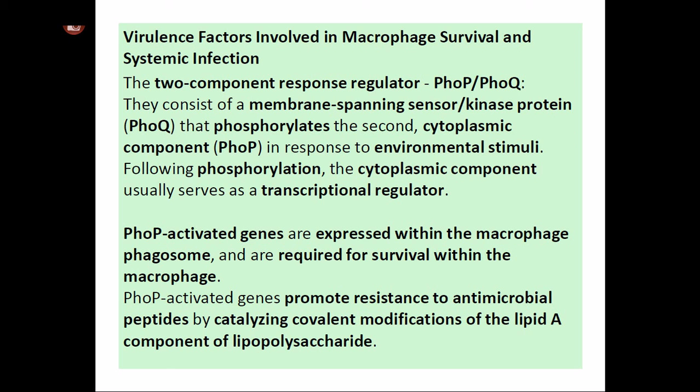For that reason they need to regulate some important protein mediators. They need to produce some important proteins or chemicals which will help them stay and live inside those vesicles, or endosome vesicles, in the macrophage, and that is mediated by these PhoP activated genes.